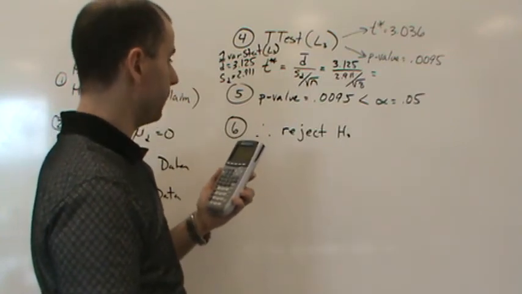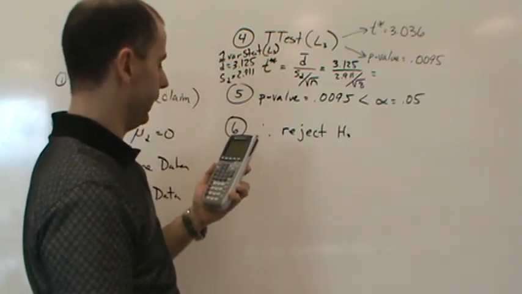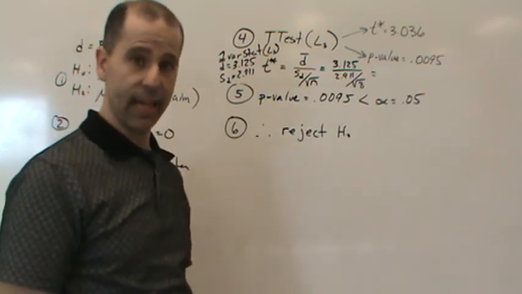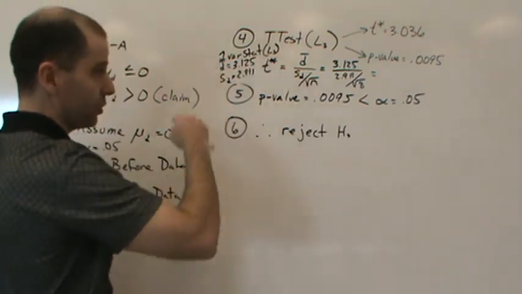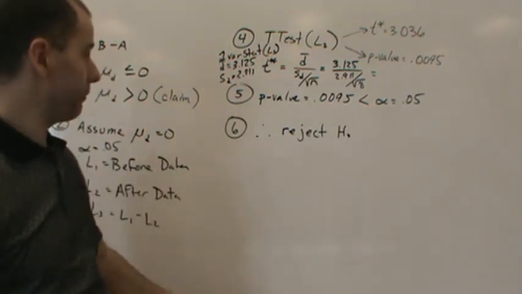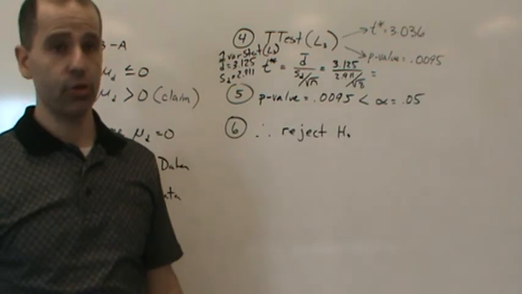And look at that, we get 3.036, the same answer. So it works. But again, I would just use t-test. You don't have to memorize the formula, you just use t-test.